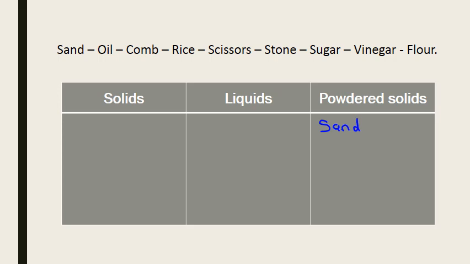Oil is a liquid. A comb, so a comb is something that we use for our hair. So that is a solid. Rice is a powdered solid. Scissors is a solid. A stone is a solid.